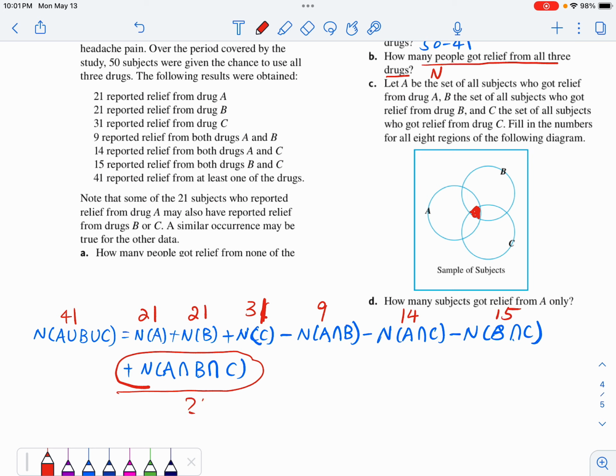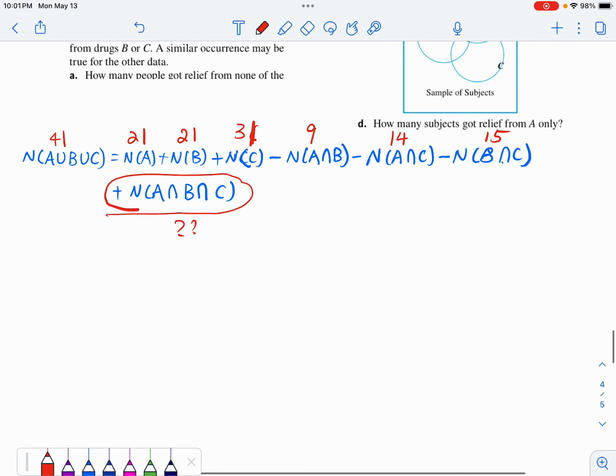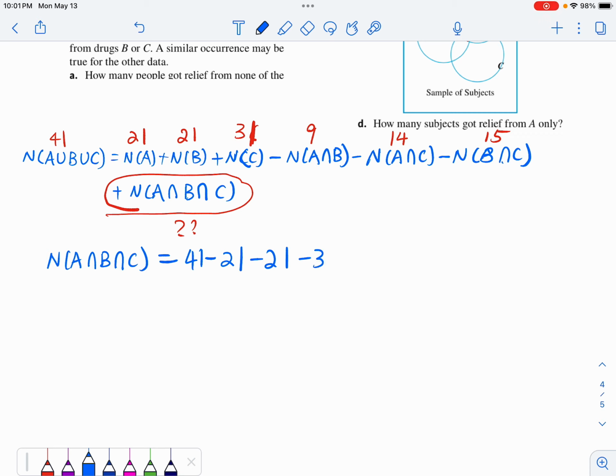So that's what we need. This is really a very simple equation. The number of subjects that report relief from all three will be, let's do this math, 41 minus the 21 minus the 21 minus the 31, plus the 9 plus 14 plus 15.